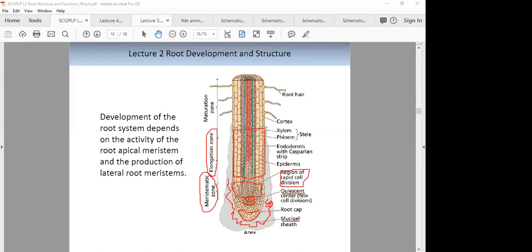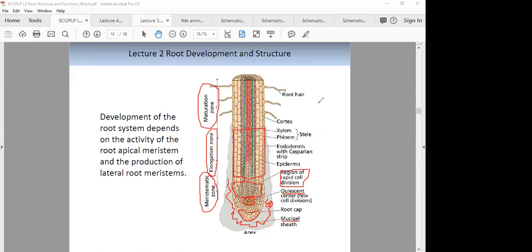And here we can start to see the differentiated cells within the actual root. And then finally we have the maturation zone, or zone of cell differentiation. And this is where the cells are all functional. The tissues are functional and the cells are functional.